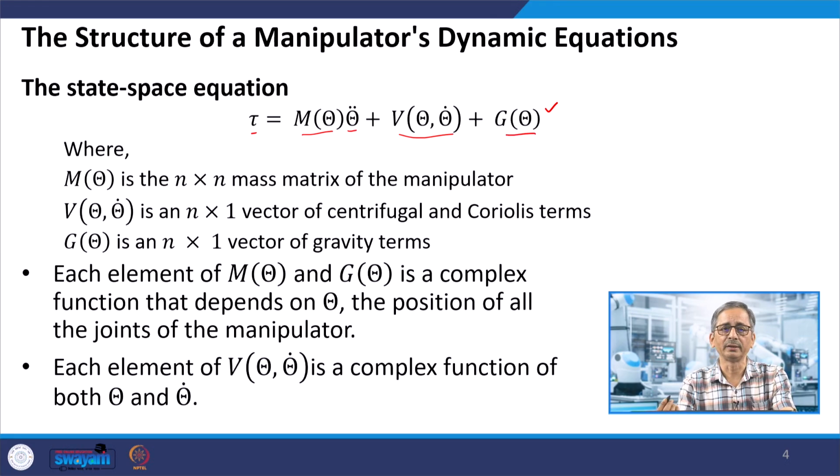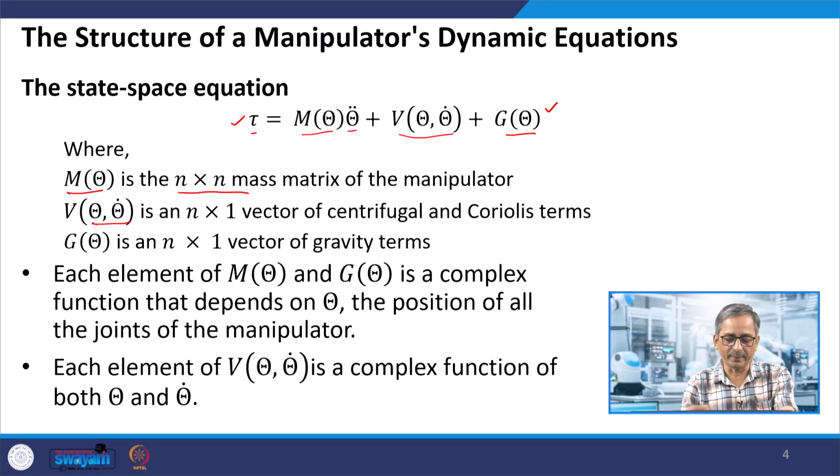Here tau is the joint torque vector, M(theta) is an n cross n mass matrix of the manipulator, V(theta, theta dot) is an n cross 1 vector of centrifugal and Coriolis terms, and G(theta) is an n cross 1 vector of gravity terms.